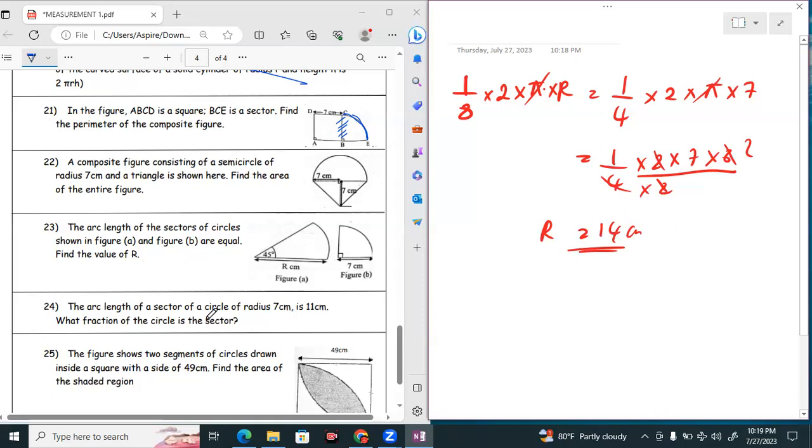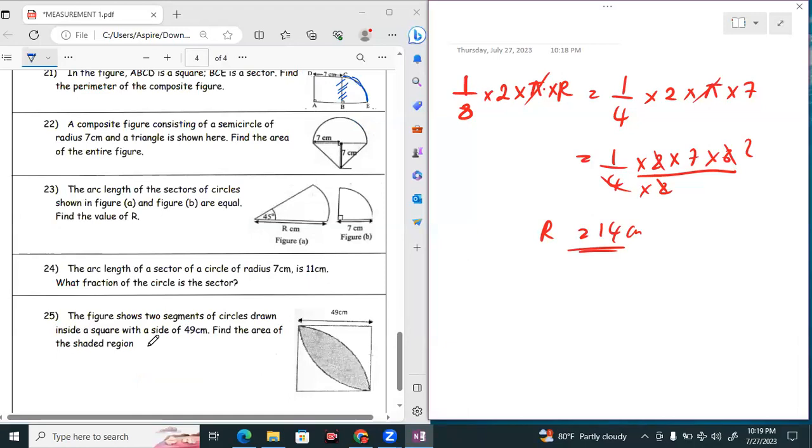The arc length of a sector of a circle of radius 7 centimeters is 11 centimeters. What fraction of the circle is the sector? Okay. They are asking how many times the sector is of the circle.